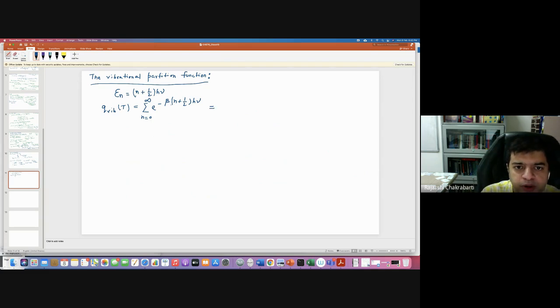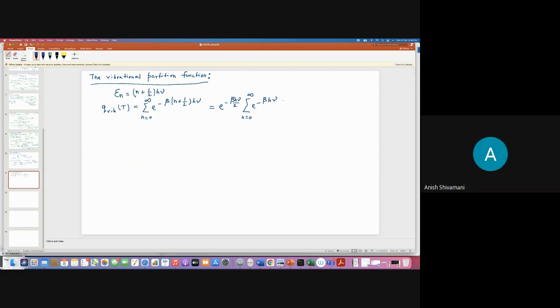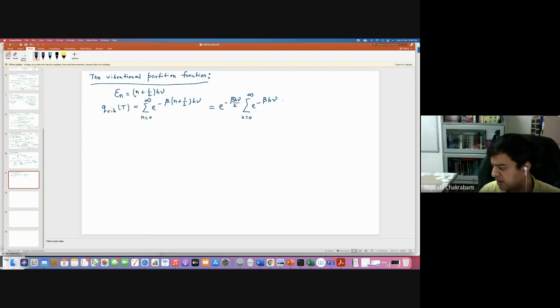Now this one, one half h nu, I can take out, no? This one I can take out. And then I'm left with this sum. Any idea how to carry out this sum? Infinite geometric series. You're right, infinite geometric series.